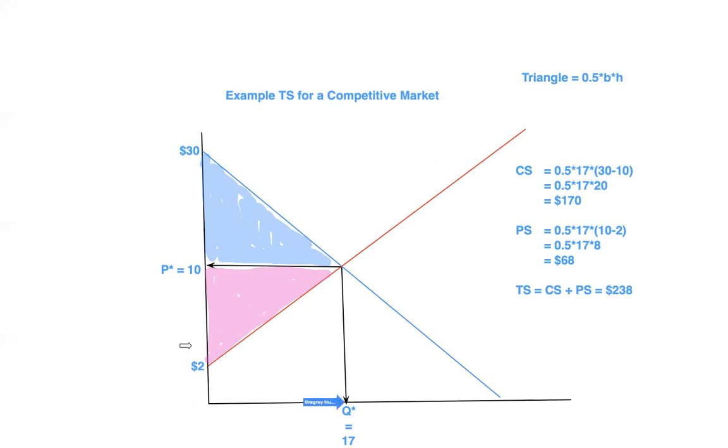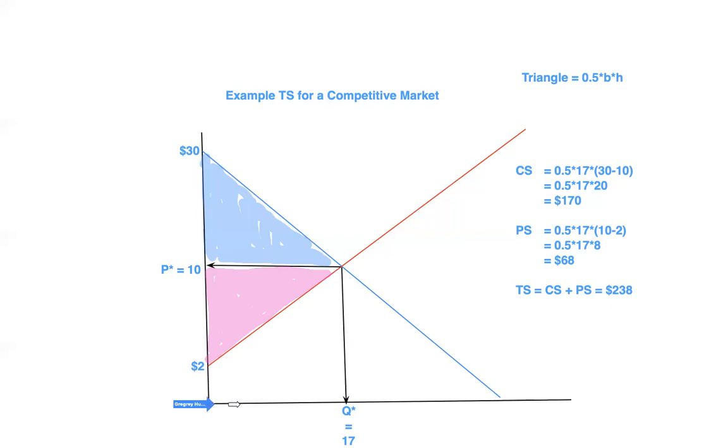So the length of this line from the vertical axis to the equilibrium point can be measured by this parallel distance from the origin to the equilibrium quantity. So you go from 0 to 17.